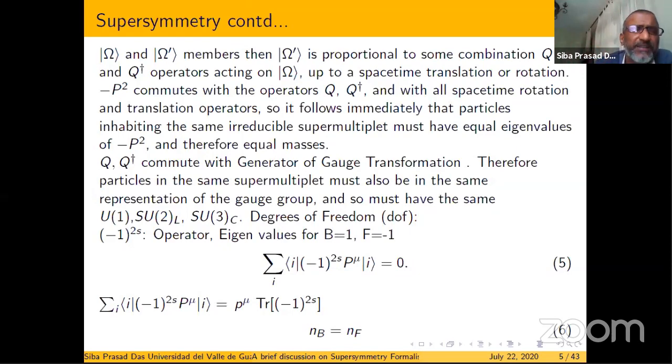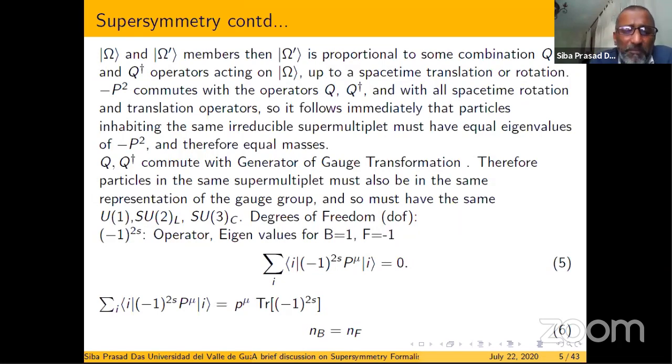The gauge group is basically U1 electromagnetic, SU2L and SU3. So Q and Q dagger commute with all the gauge generators of the corresponding gauge group. That means it doesn't change any quantum number of the same supermultiplet, whatever gauge quantum number of the corresponding gauge group those particles have. That means they have the same gauge quantum numbers. That is also very important. So that we must have the same U1, SU2L and SU3 degrees of freedom.